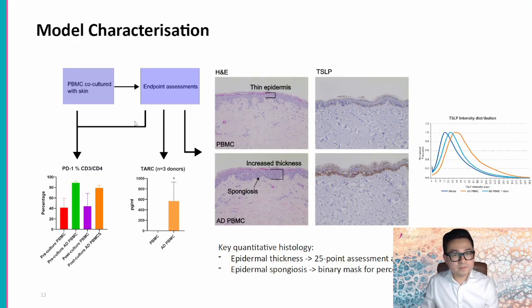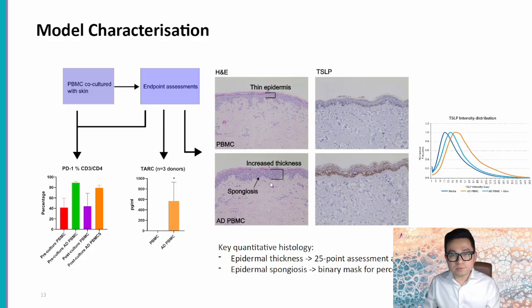From the top left, we have autologous PBMCs co-cultured with skin and an AD inducer for the duration of the assay. The PBMCs pre and post culture show strong upregulation of PD1. In the culture supernatant, TARC is strongly upregulated by AD induction. In the H&E images, the baseline epidermis is thin in the background controls, while after AD induction, we see an increase in epidermal thickness.